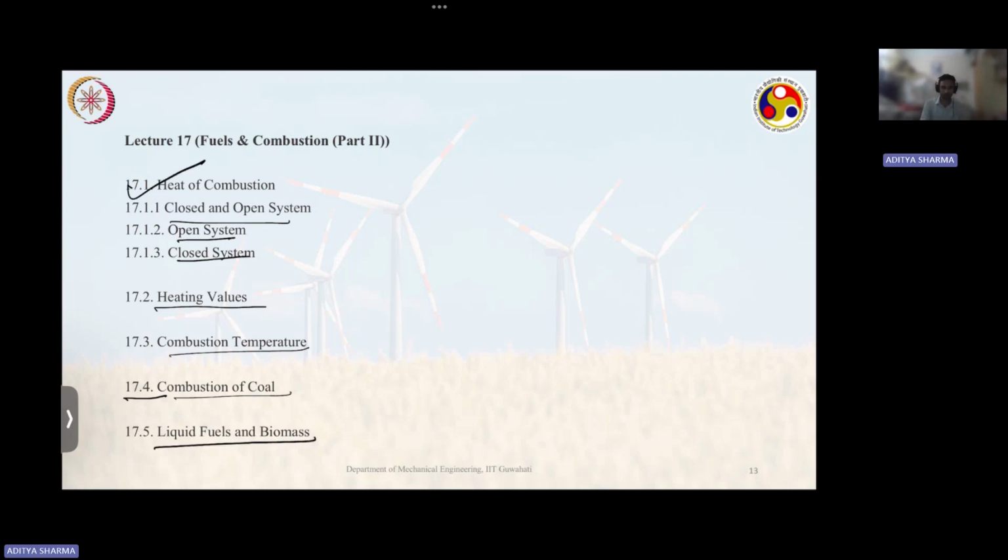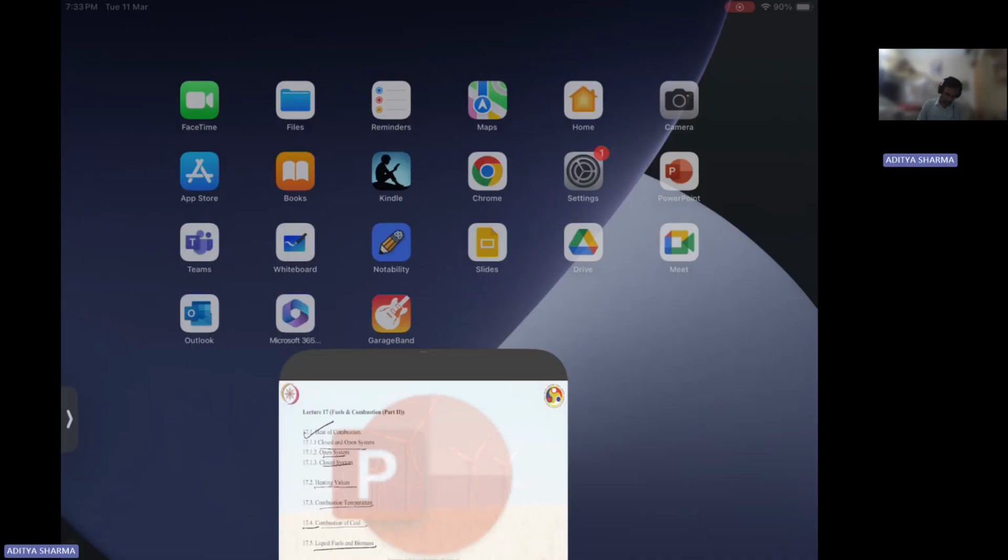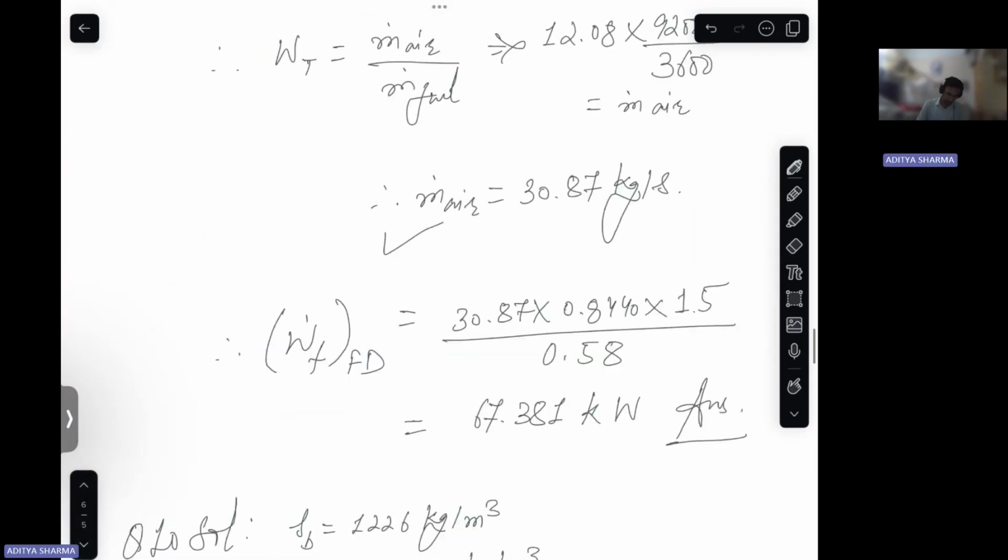So this heading gives you an idea about how you can calculate your heat of combustion.